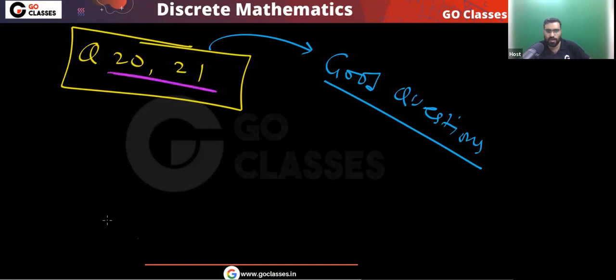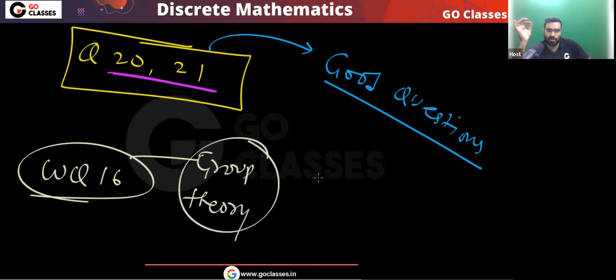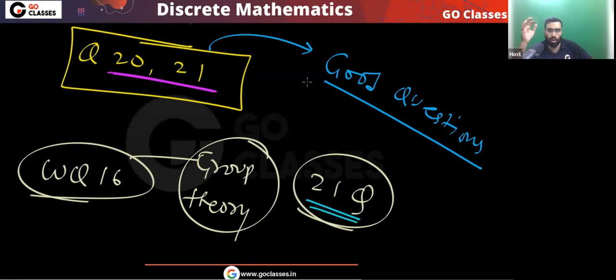One thing I want to tell you: in this weekly quiz 16, group theory, we have a total of 21 questions. These 21 questions cover all the variations that are possible in the GATE exam.